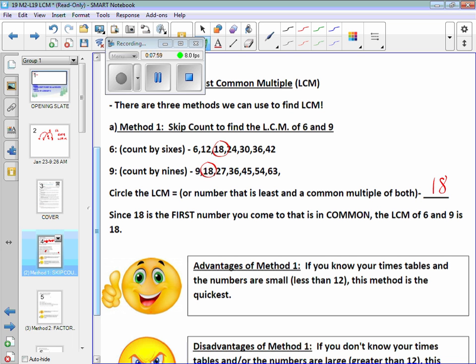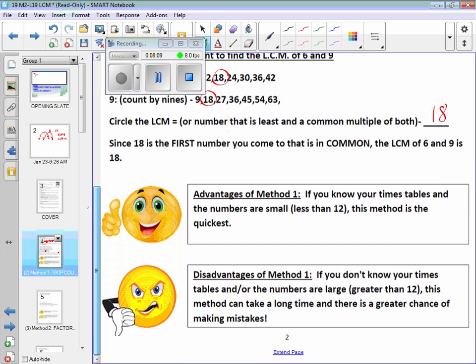It's a good method. There's 3 methods. Inevitably, you're going to choose the one that works best for you. But I've given you a little recap of what I call advantages and disadvantages for each method. For method 1, skip count, that's great, but you need to know your times tables.